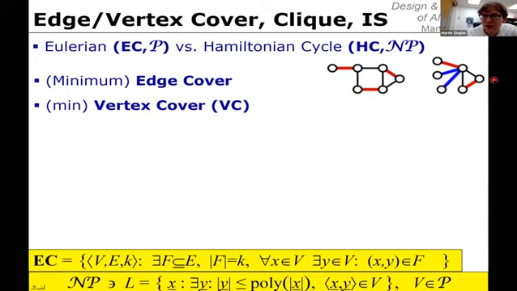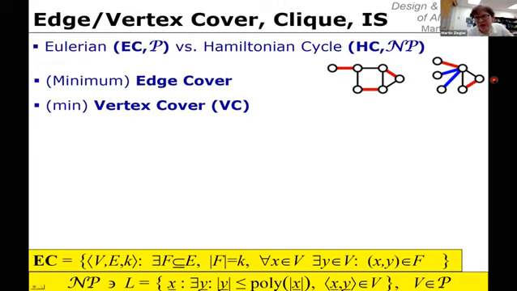So in order to bring this problem into our framework, we make the following trick, which is standard. We will apply this several times again in the course of this chapter 7. We reformulate this function problem asking for the size, that's an integer valued function, as a decision problem, namely given a graph and given an integer k, does there exist an edge cover of size at most k?